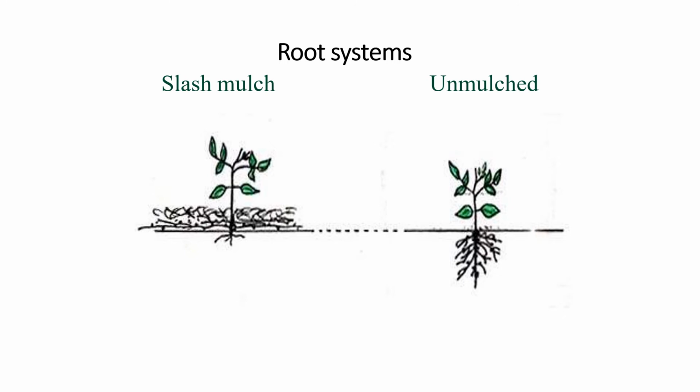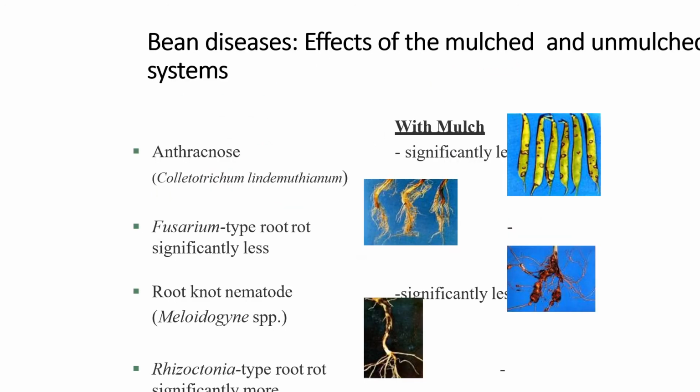They are present in the topmost layer of the soil. And in the second, unmulched, here the taproot goes to the deeper side in the earth. So you can see and differentiate the pictures of these two plants, that is mulch and unmulched root systems.